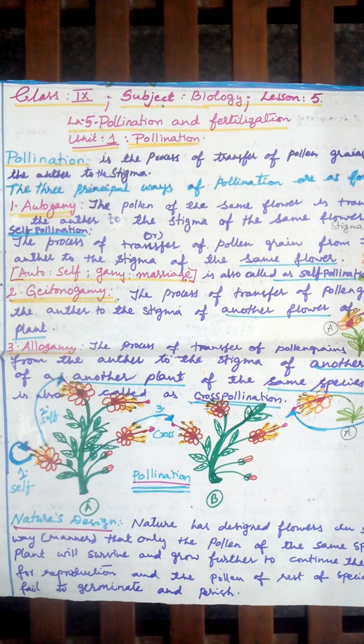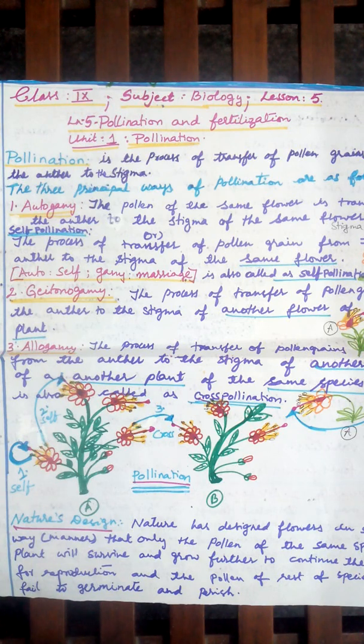The process of transfer of pollen grains from the anther to the stigma of another flower of another plant of the same species. Here plant is also different, flower is also different. That is called cross-pollination. You might ask me now, there is a chance of the pollen grain of the same plant but different flower, isn't it?